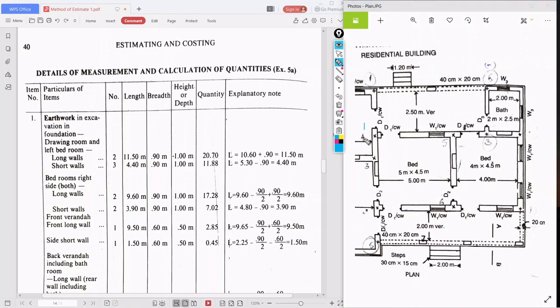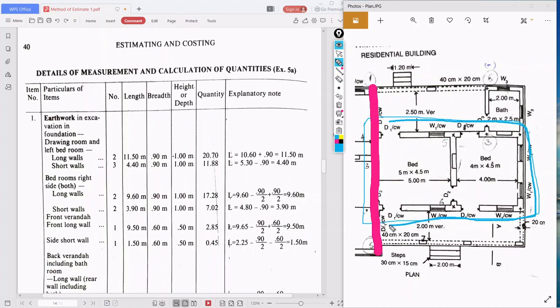So we have to concentrate on this. But what I can tell you is, see here, this part is already been excavated, and we need to concentrate on only this part.